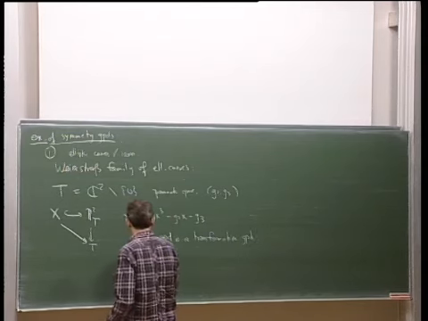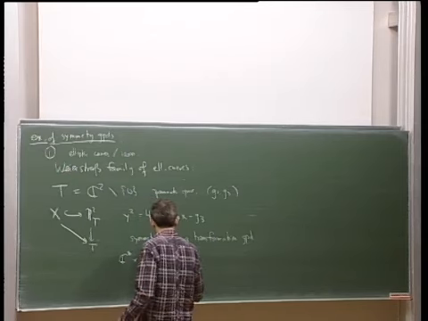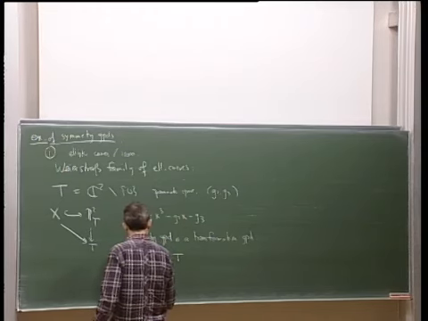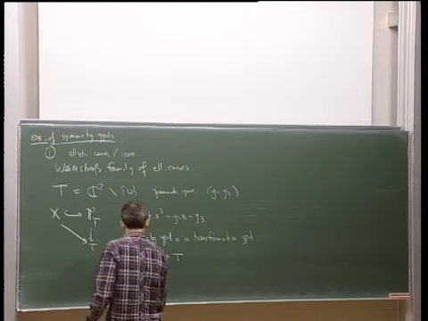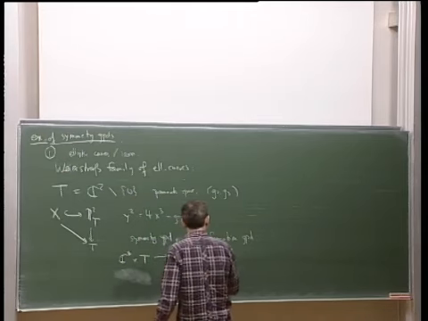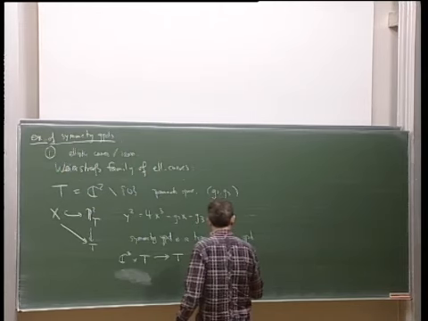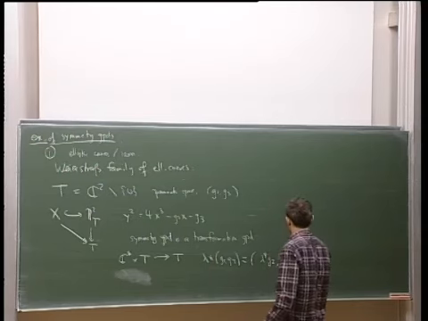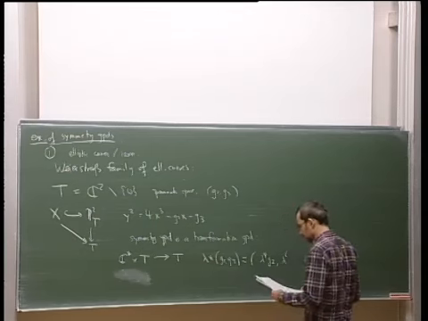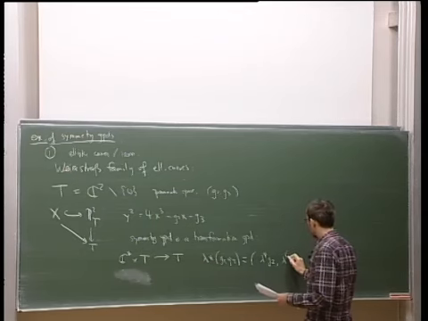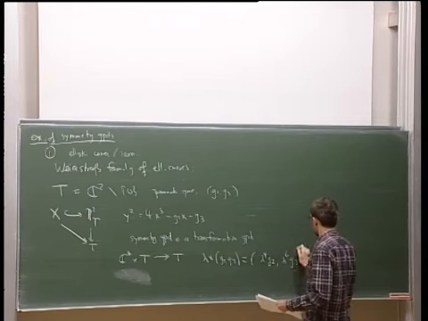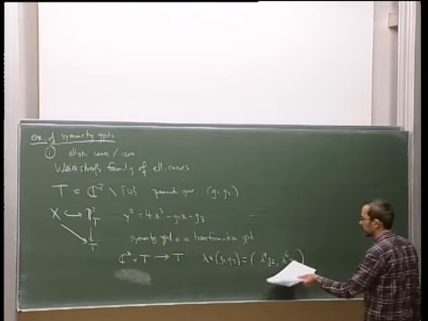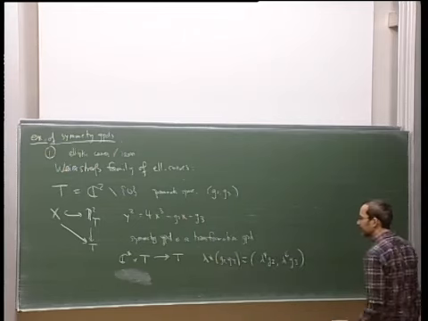So C star acts on T. So lambda acts on G2 and G3 just by weights. C star acts with weights 4 and 6.